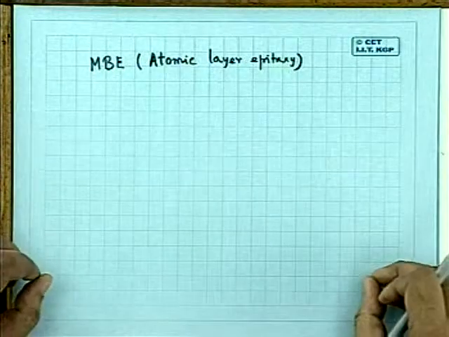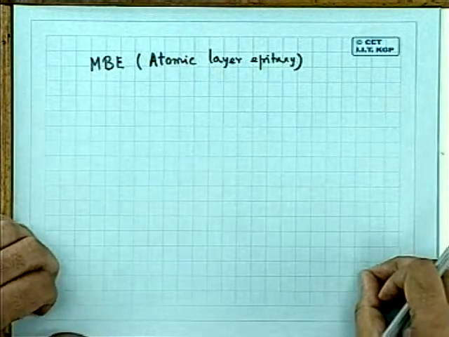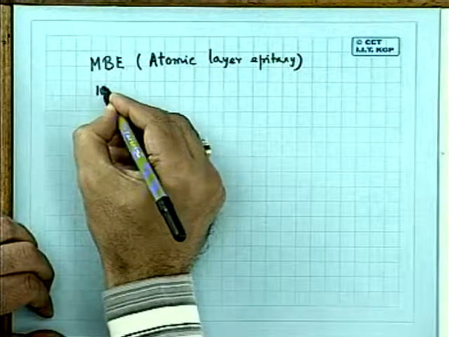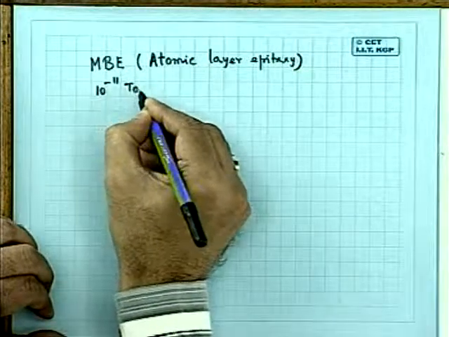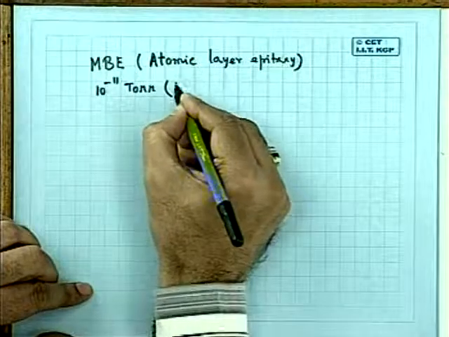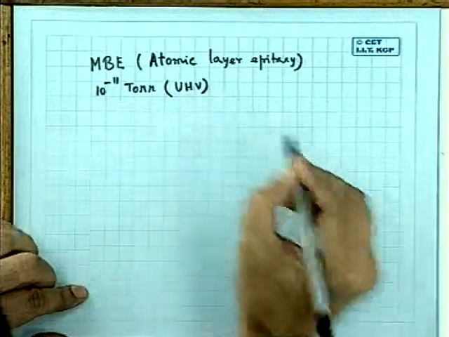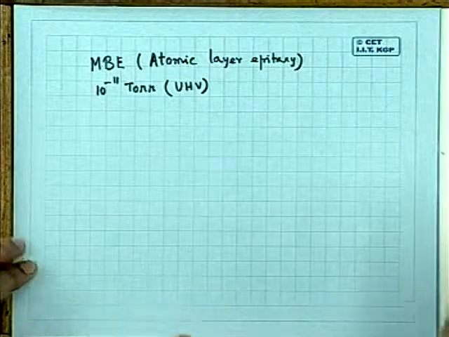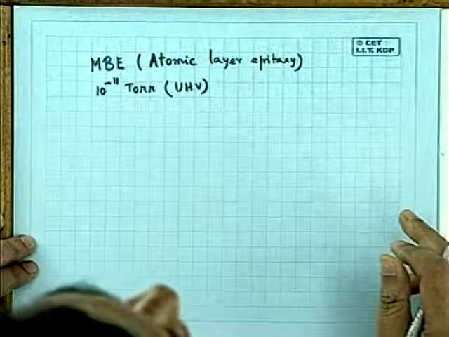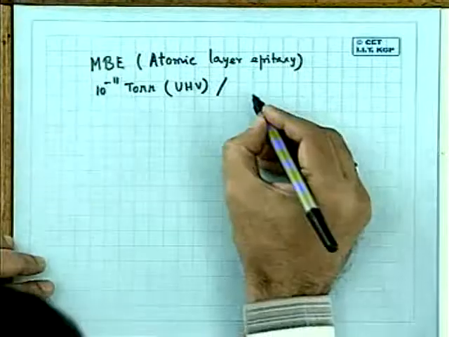Here actually you create a very high vacuum, about 10 to the minus 11 torr. Such a vacuum is normally called ultra high vacuum. Then you produce a molecular beam by an evaporation technique. People use a kind of evaporator source called Knudsen source.